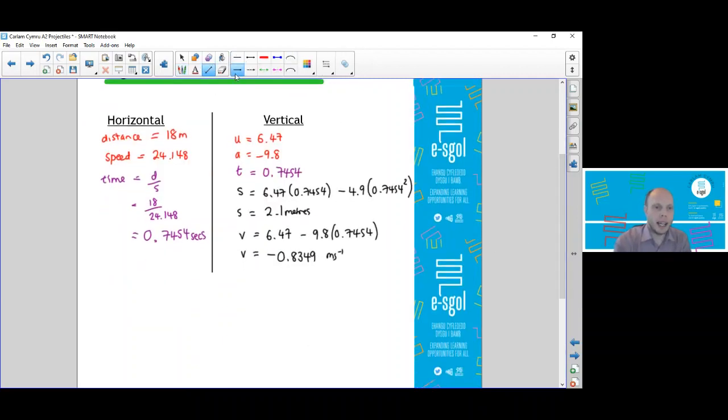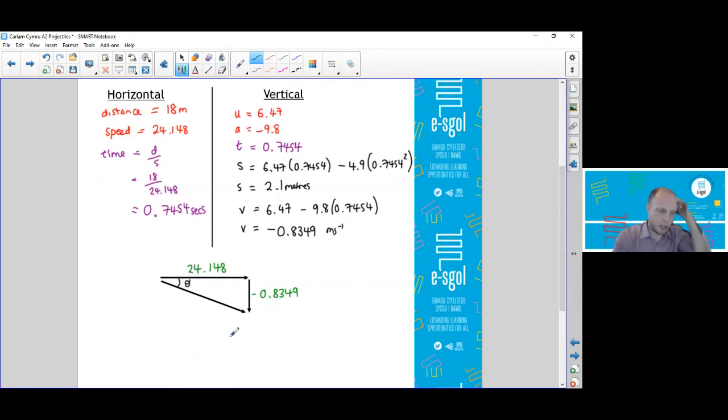If I form a triangle with what I know, horizontally, we've known all along, that's 24.148. Vertically, we're on our way back down, and that's minus 0.8349. And then it's just Pythagoras again and trigonometry again. I won't do the full workings this time.